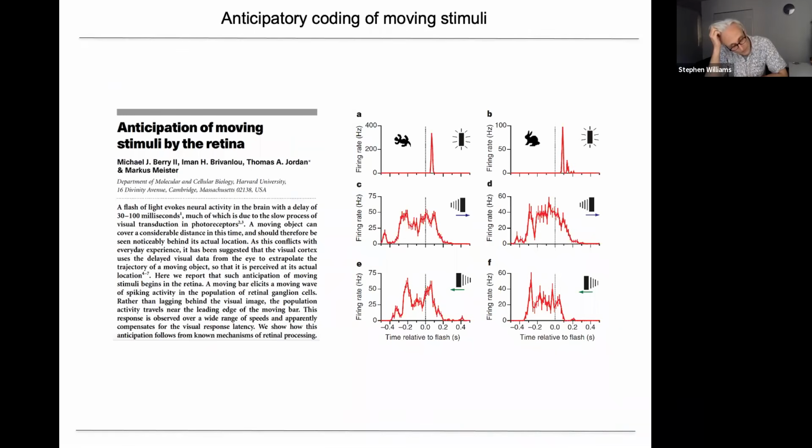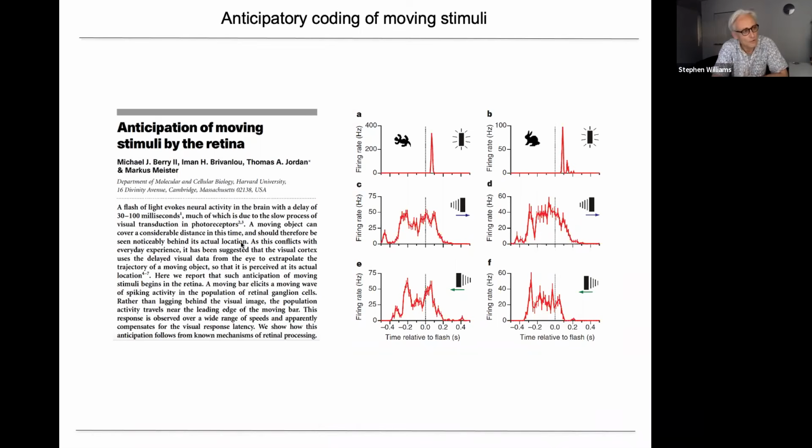So we wanted to inquire whether one, active dendritic integration was manifest in the off layer of the retina, and two, whether it had any role in other motion computations. And one really startling motion computation first observed by Marcus Meister and published some years ago now in Nature is the idea of anticipatory coding.